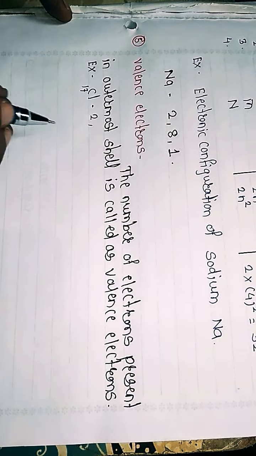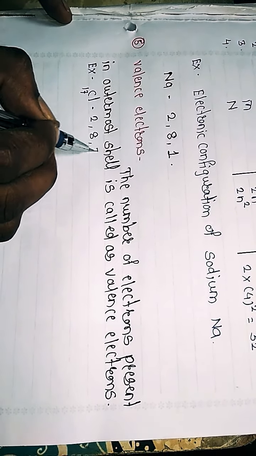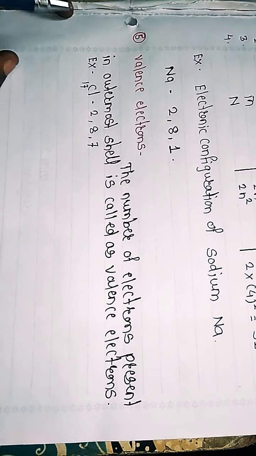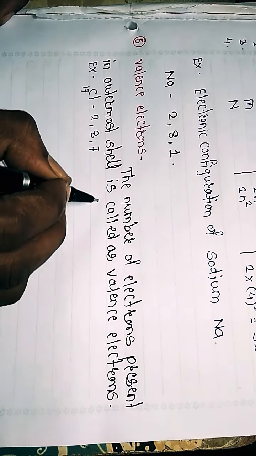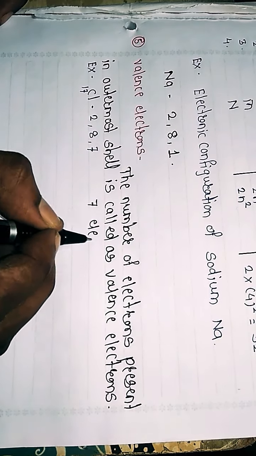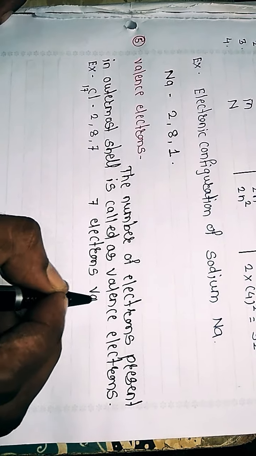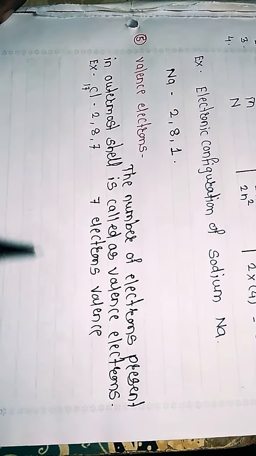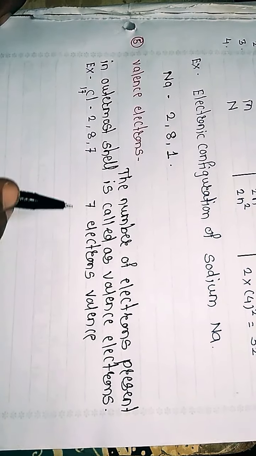So we have to arrange them as 2, 8, 7. So in chlorine, there are 7 electrons in the outermost shell, which we call valence electrons. Valence electrons are 7 in the chlorine atom.